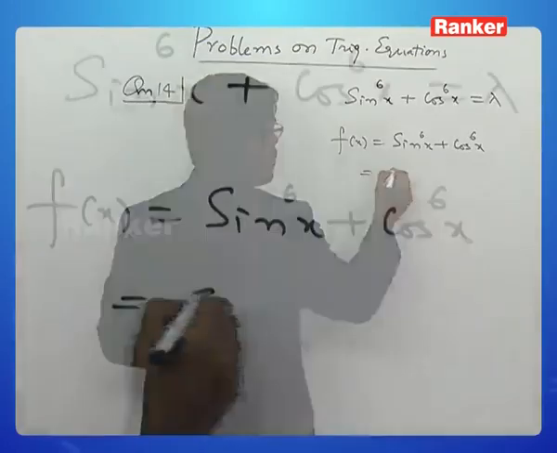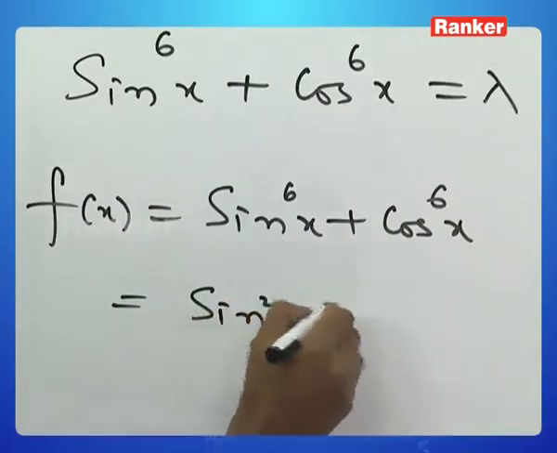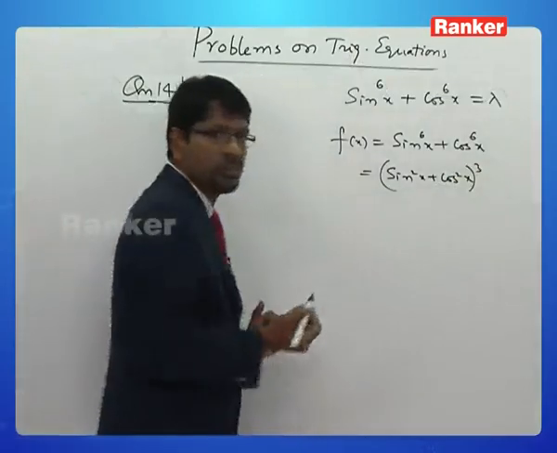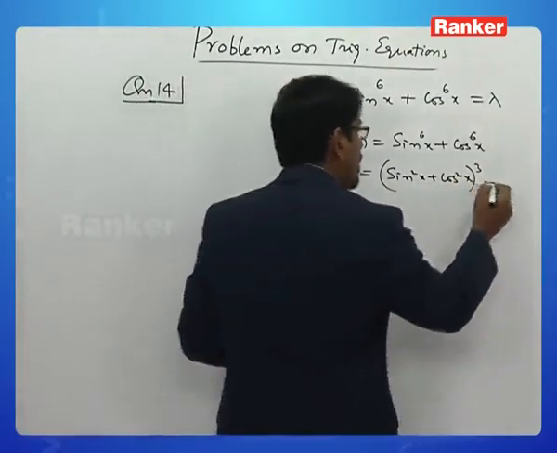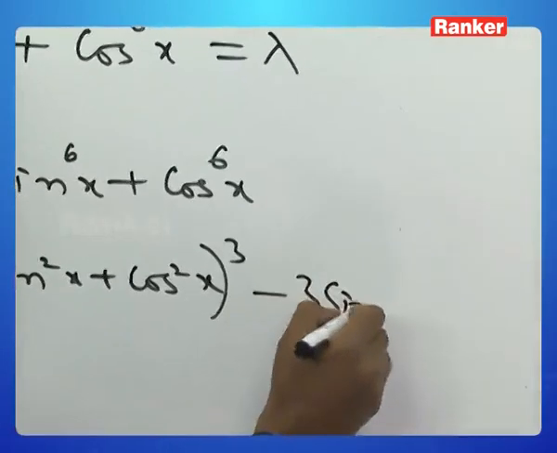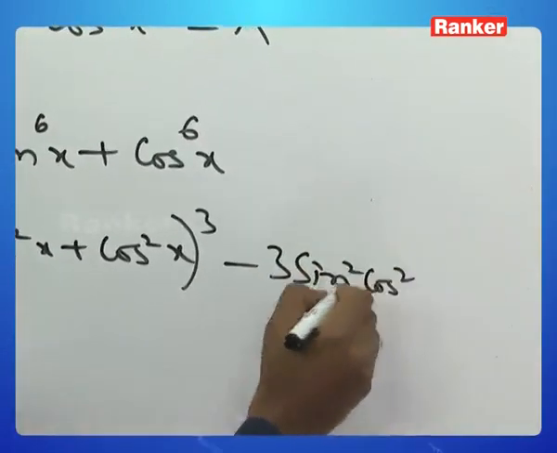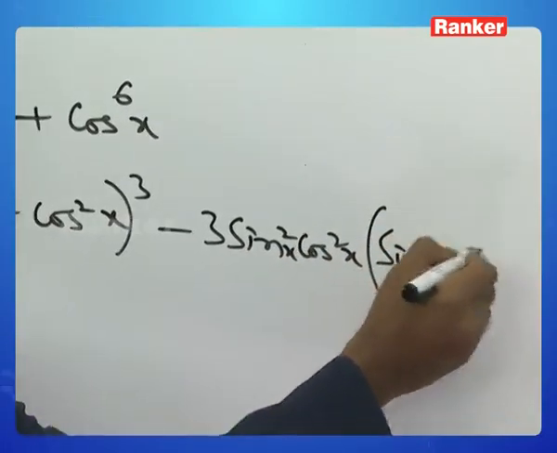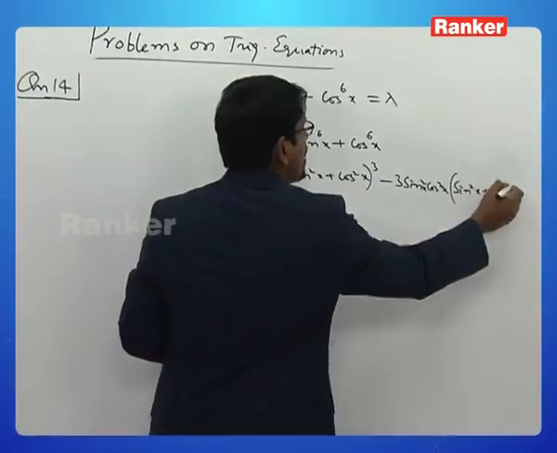Now this is equal to (sin square x plus cos square x) whole cube minus 3 sin square x cos square x into (sin square x plus cos square x). How did we write this?